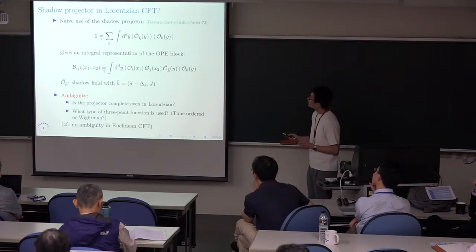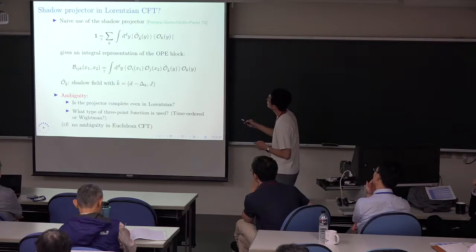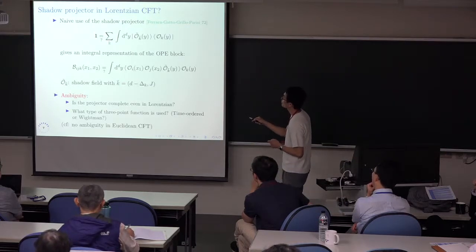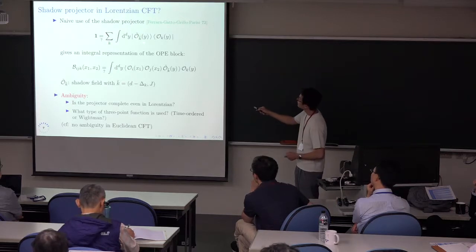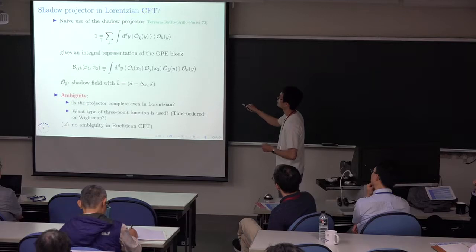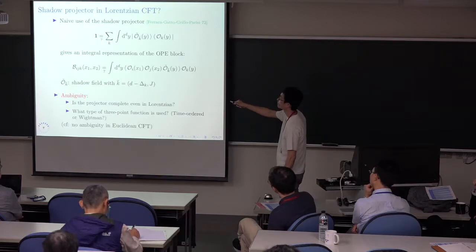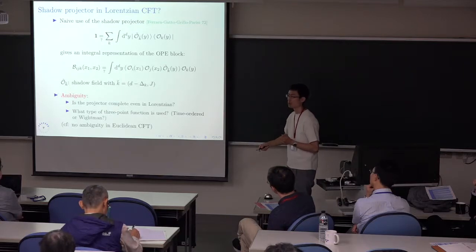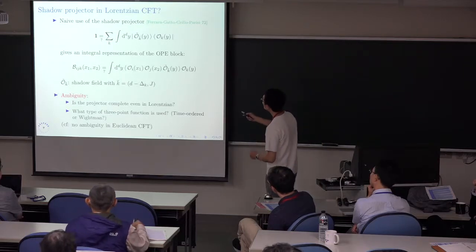In the Euclidean case, what the shadow projector tells us is that you have some projector to the irreducible representation labeled by K, and when you sum over K, you can construct the identity. It's very similar to quantum mechanics.